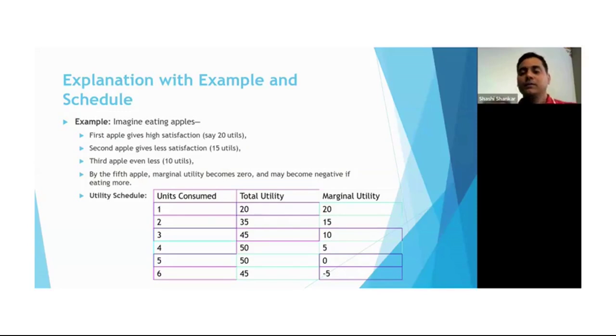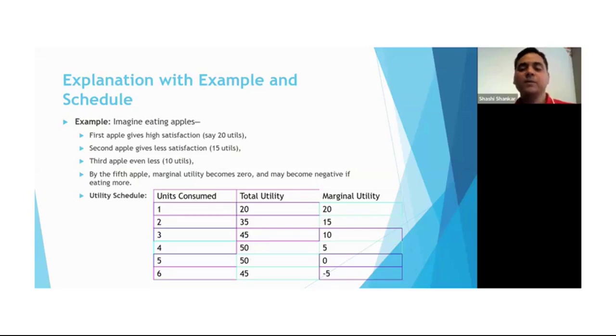Let me repeat that. The consumption of the first unit of apple will give more satisfaction, and gradually it will start decreasing. After a certain extent, it may go negative, right? So after eating 5 apples, maybe the sixth one will give a kind of dissatisfaction, or negative satisfaction.